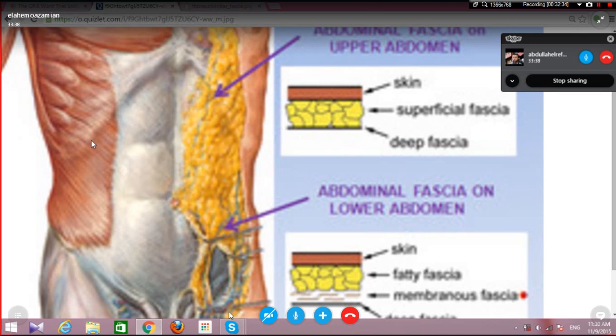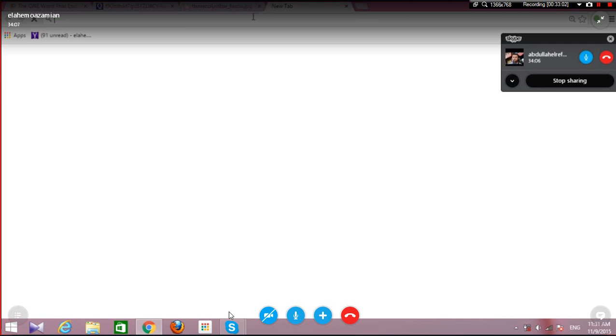Now, the deep fascia, which goes around the muscles, is also split into three layers: superficial, intermediate, and deep. So, the superficial one covers? External oblique. The intermediate one covers? Internal oblique. And the deep one covers? Transverse abdominis. Very good.